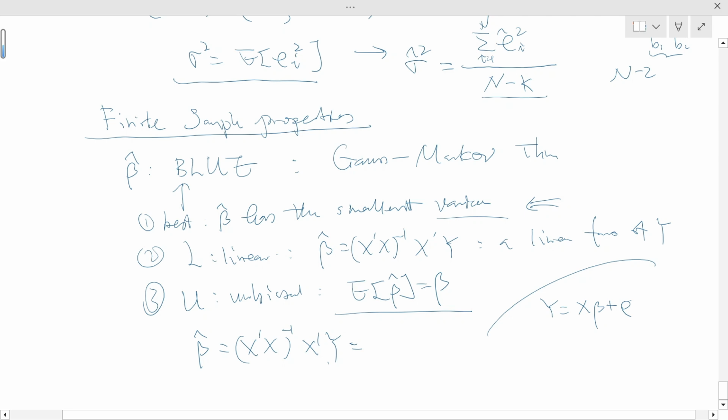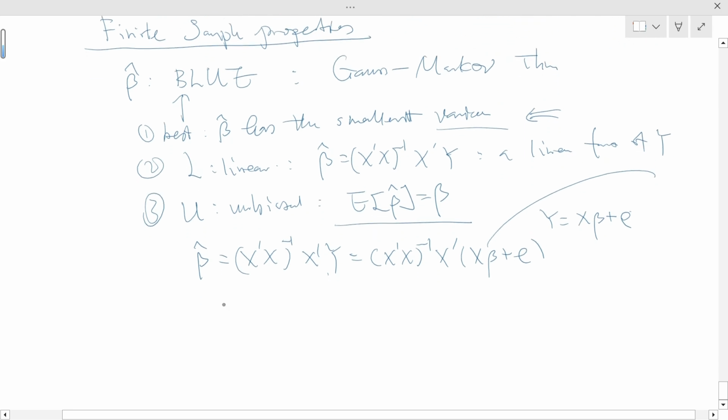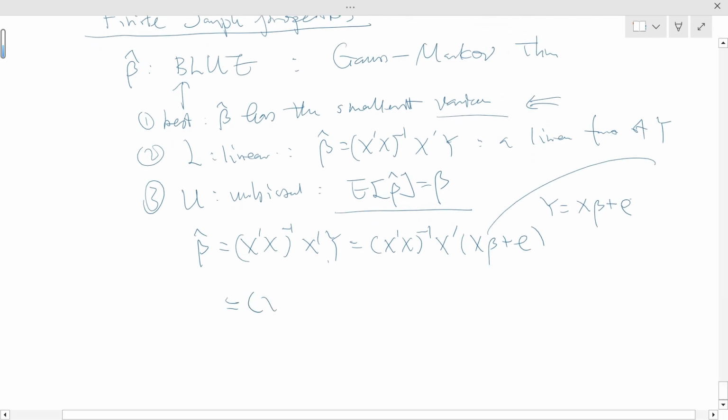Let's plug this in: (X'X)^-1 X'(Xβ + e). Expanding, we have (X'X)^-1 X'Xβ + (X'X)^-1 X'e. A matrix multiplied by its inverse gives the identity matrix, and the identity matrix times beta gives beta.